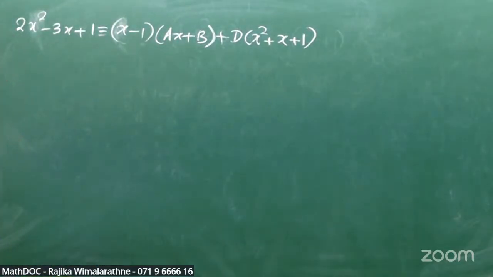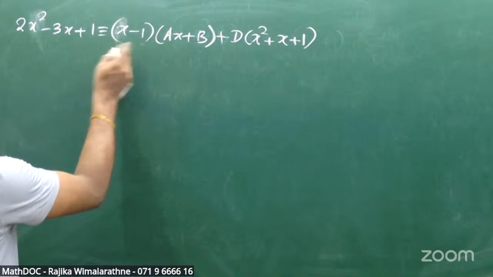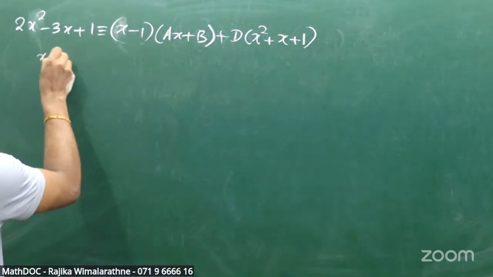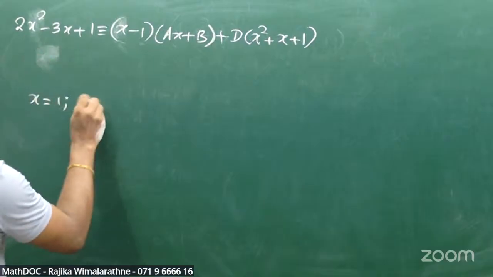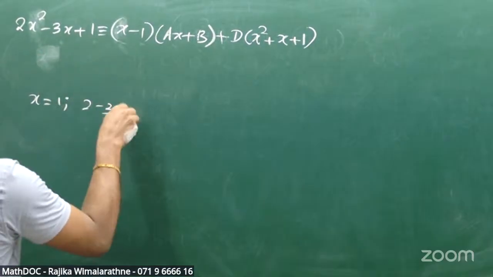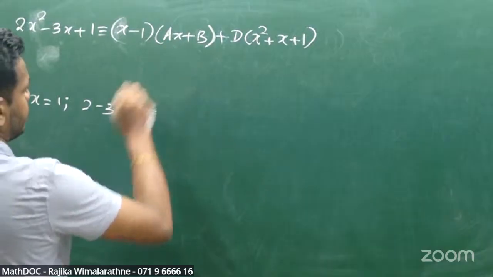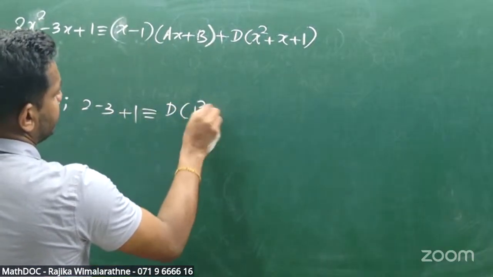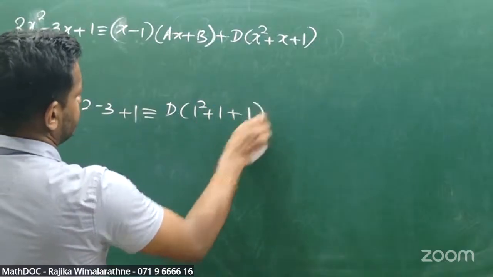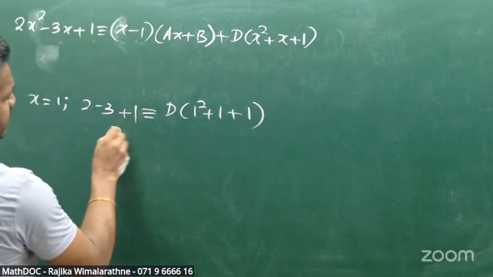Now check your answers. Substitute x equals 1 first. Here 2 minus 3 plus 1, and on the other side d times 1 squared plus 1 plus 1. The left part is 0, so d is 0.